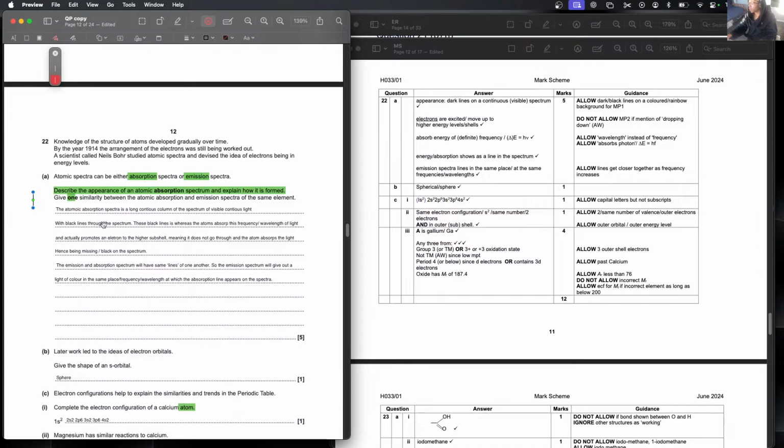We've got to higher energy levels. Absorbs the frequency.